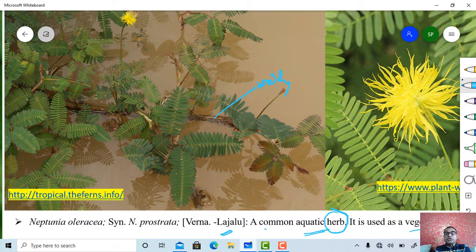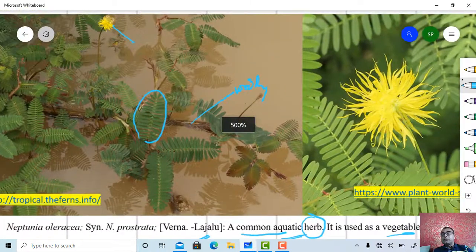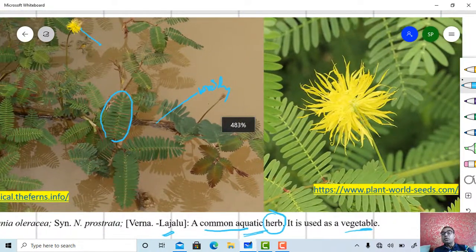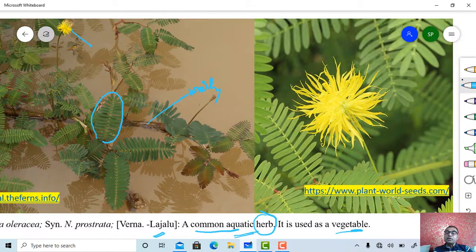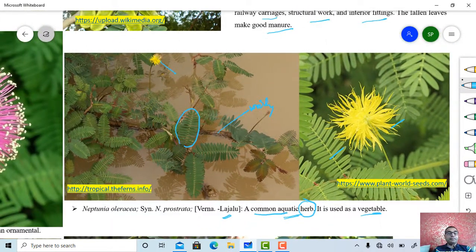Okay, this is a common aquatic herb, pinnately compound type of leaves present. Then cymose head type of inflorescence is present. This one is again a close up from the same plant. These are the leaves and this one is an inflorescence. So this is Neptunia oleracea.